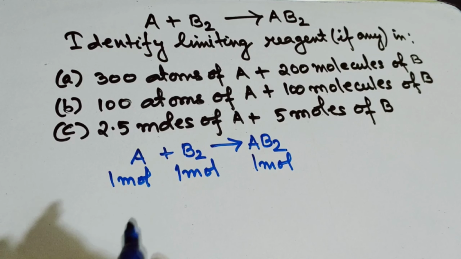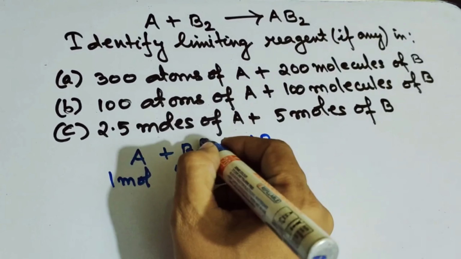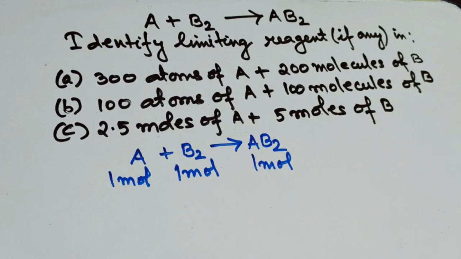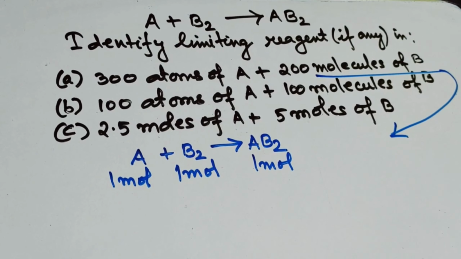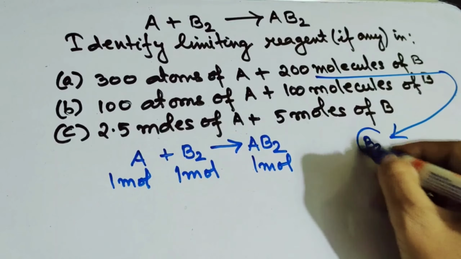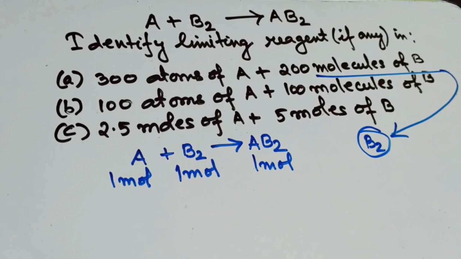Here we can see that this molecule of B means B is a diatomic one. So this is equivalent to B2 because it is diatomic.